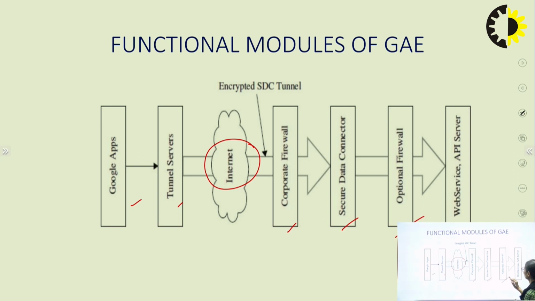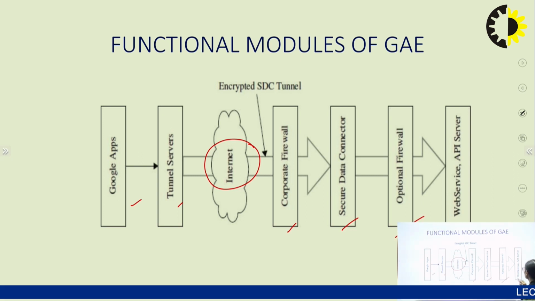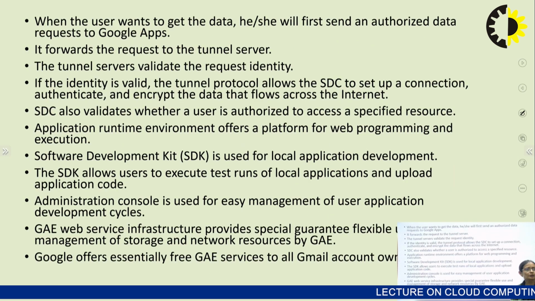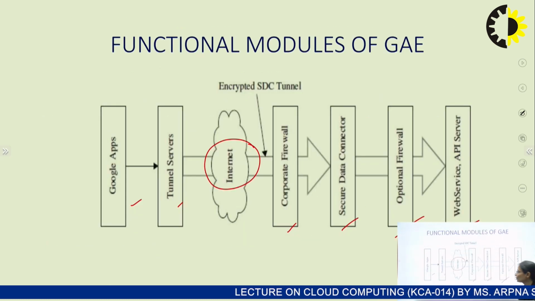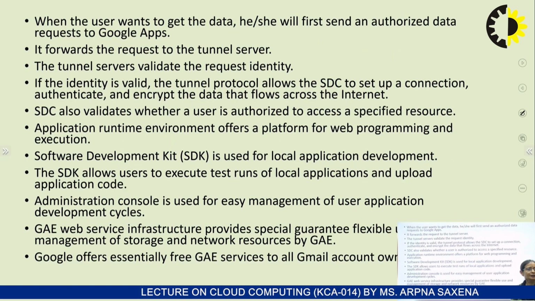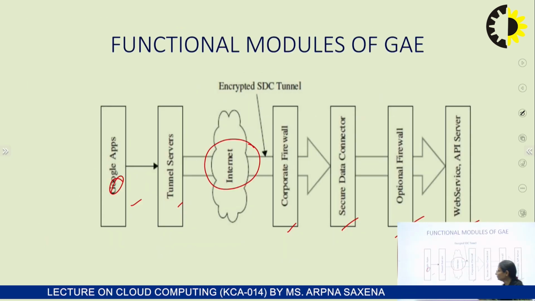Here the optimal firewall is working, and here the web service API servers are operated. So when the user wants to get the data, he or she will first send an authorized data request to Google Apps. That is, your data comes here. It forwards the request to the tunnel server, which is the next entity in this case.